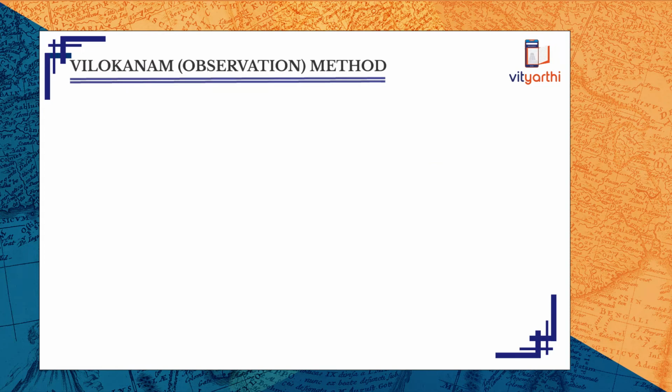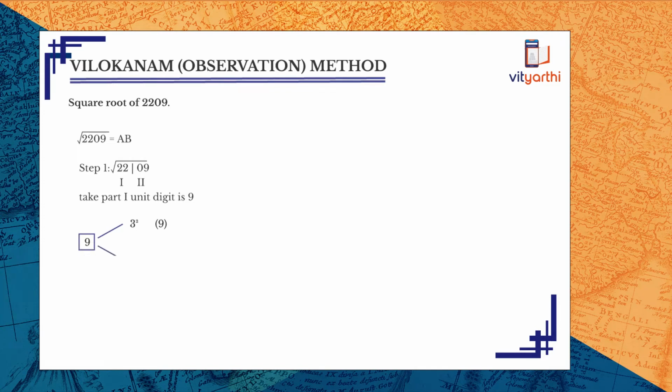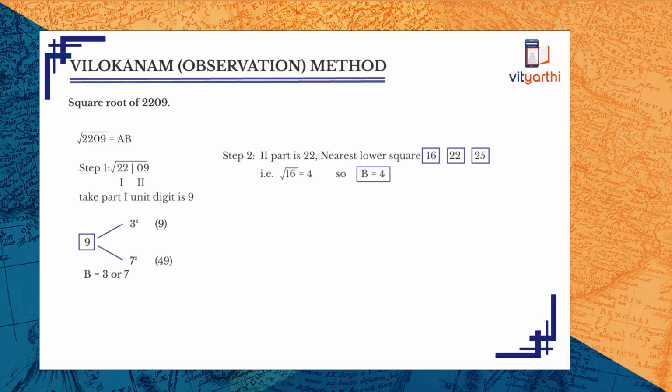What is the square root of 2209? Let it be equal to AB. Now find the value of B. Since in the second part 9 is the unit place, B can be 3 or 7. Now take part 1, the value of which is 22. So the nearest square less than or equal to 22 is 16.